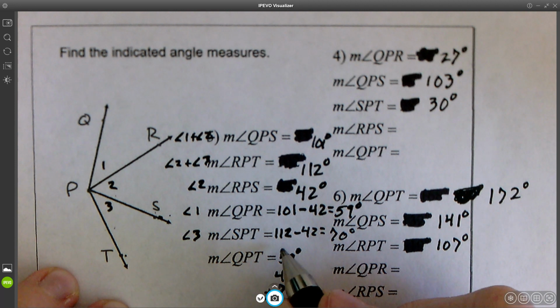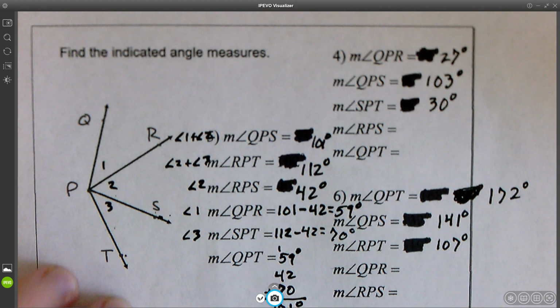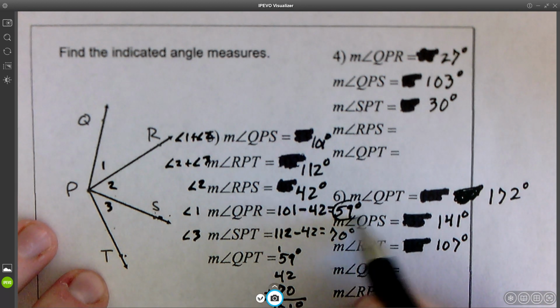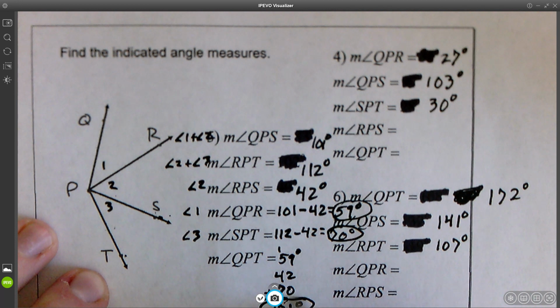So you've got a 1 and 110. 110 plus 5 tens is 6, plus 4 tens is 10 tens, plus 7 is 17 tens. So you have 171 degrees. Try to remember to circle them, but the way that this is put together, it does make it a little messy.